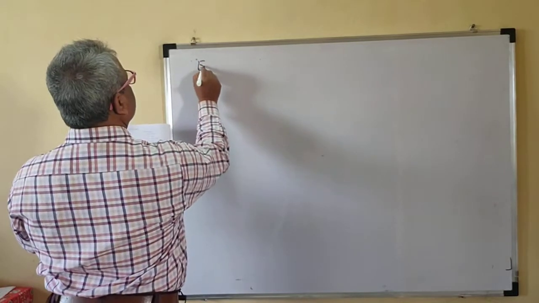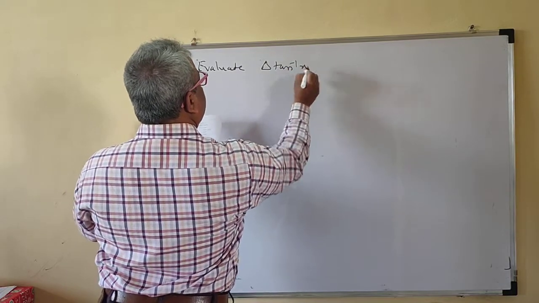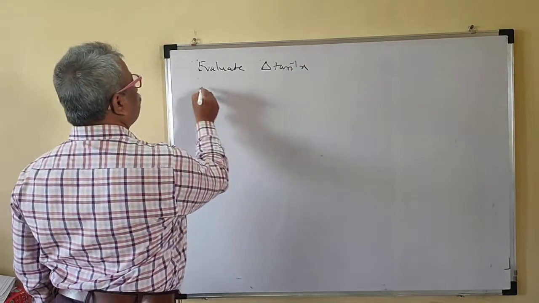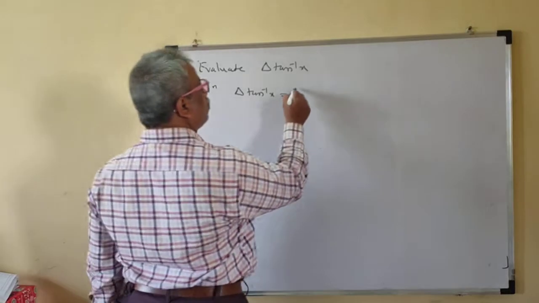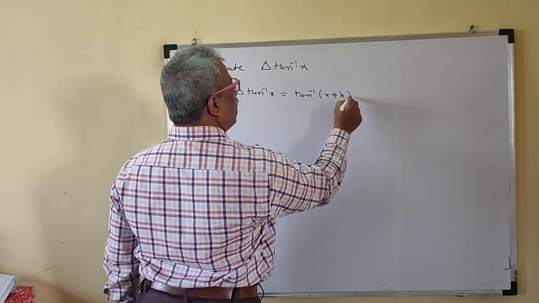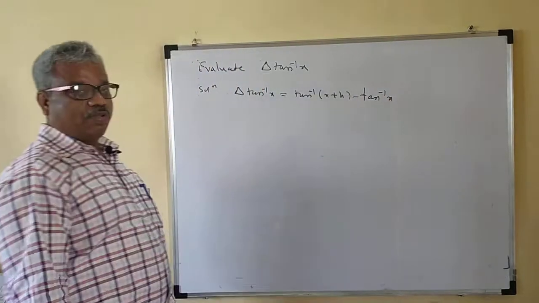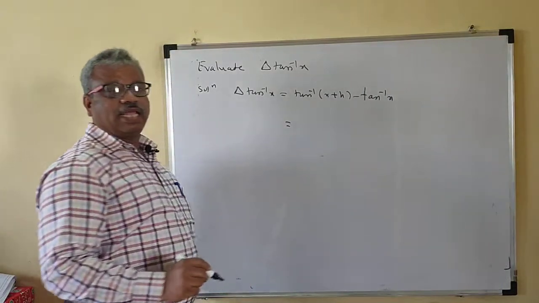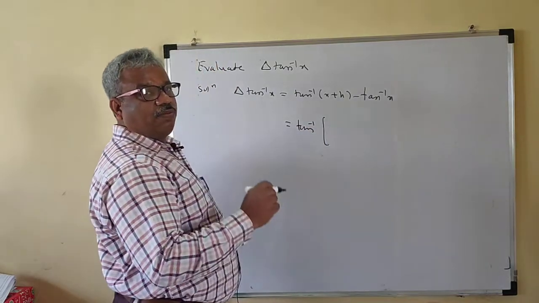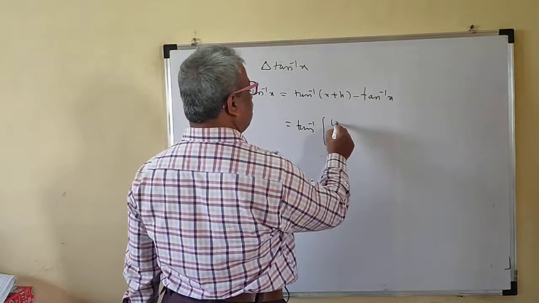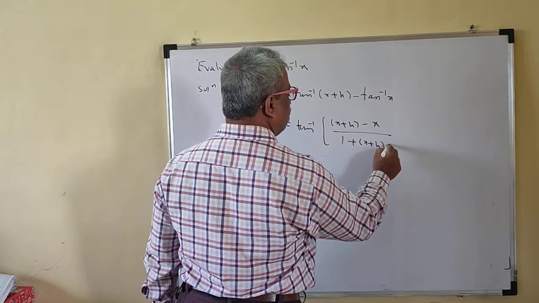Evaluate delta tan inverse of x. Solution: delta tan inverse of x is equal to tan inverse of (x plus h) minus tan inverse of x. So you have the formula: tan inverse of alpha minus tan inverse of beta is tan inverse of (alpha minus beta upon 1 plus alpha beta). This is tan inverse of ((x plus h) minus x upon 1 plus (x plus h) into x).